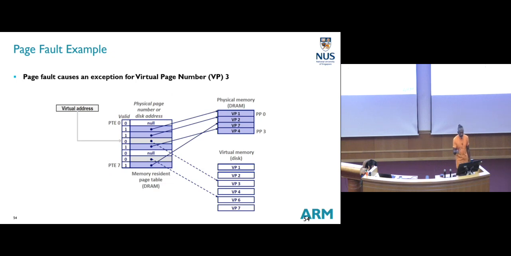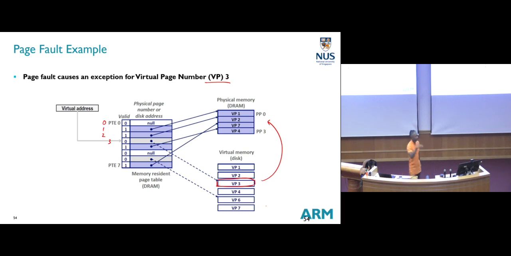Coming back to this example, if I try to access virtual page 3, again this is 0, 1, 2, and this is 3. When I try to access virtual page 3, it triggers a page fault because it is currently still mapped to the disk. So I need to extract this page and bring it to my physical DRAM.